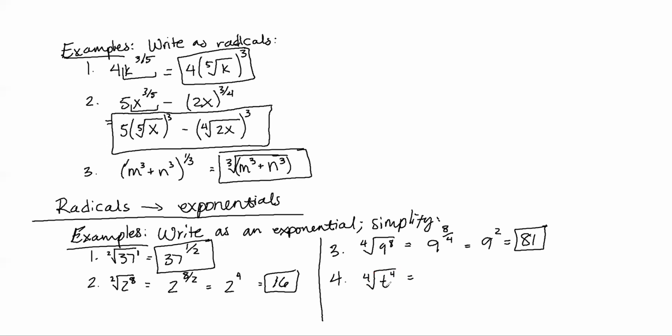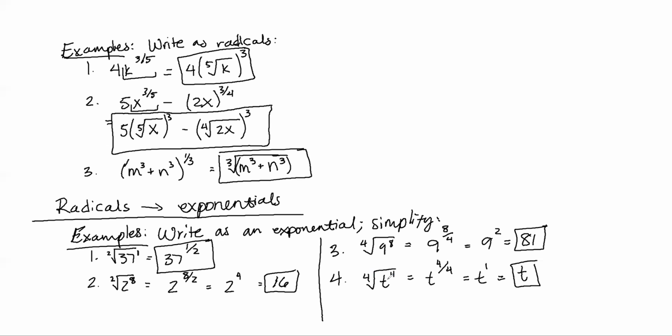But what I'm going to do is go ahead and do the steps that they want us to take. So we're first going to write this as an exponential. So we have t as our base. The exponent is 4, so that's our numerator, and our denominator is also a 4. 4 over 4 is 1, and t to the 1st is just t. So you get the same thing. This is just why that works, why you're able to cancel these out.